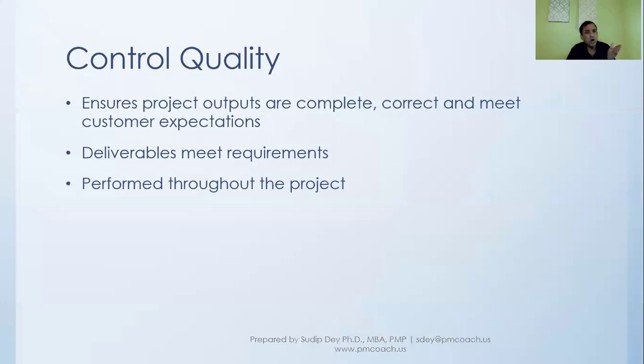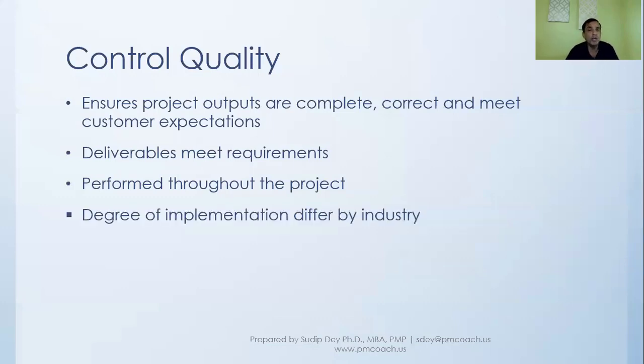Now, it is not that control quality is done only at the end of the project. It should be done throughout the project, to ensure that we are delivering the correct product to the customers.